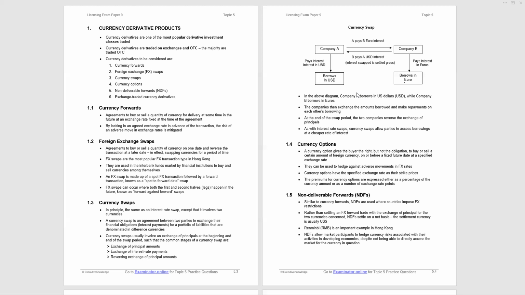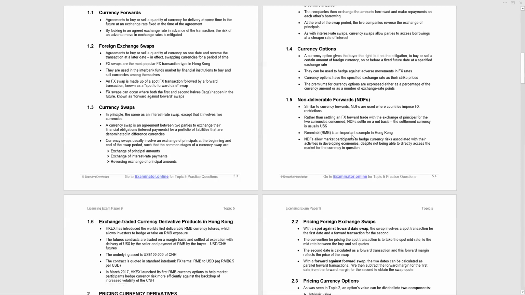And renminbi, China's currency, is an important example in Hong Kong. And they allow market participants to hedge currency risks associated with activities in developing economies where there may well be foreign currency controls, despite not being able to directly access the market for the currency in question.